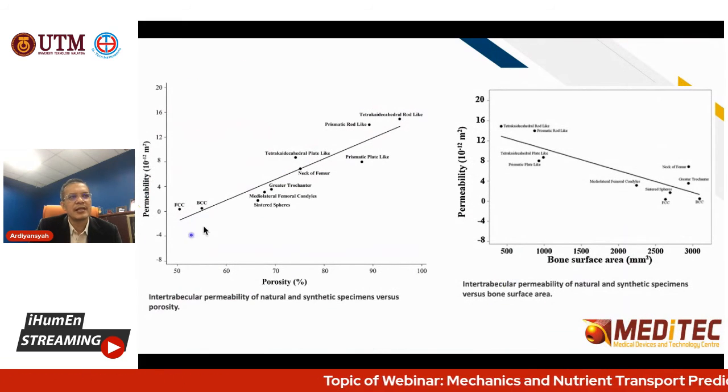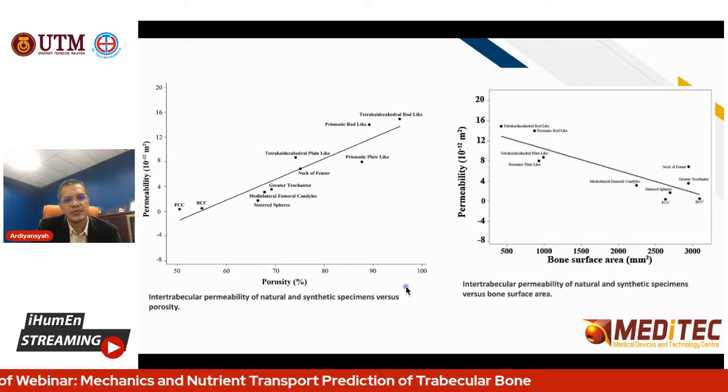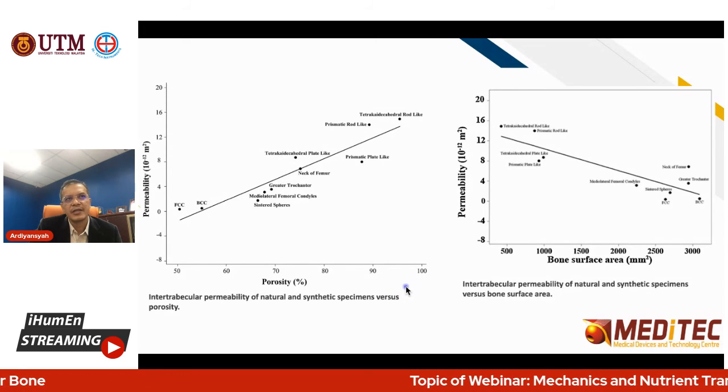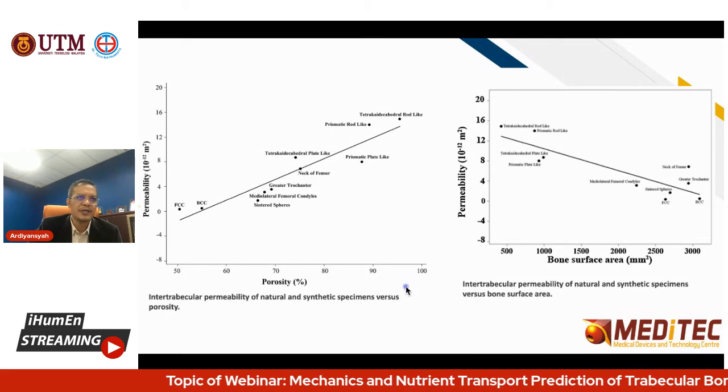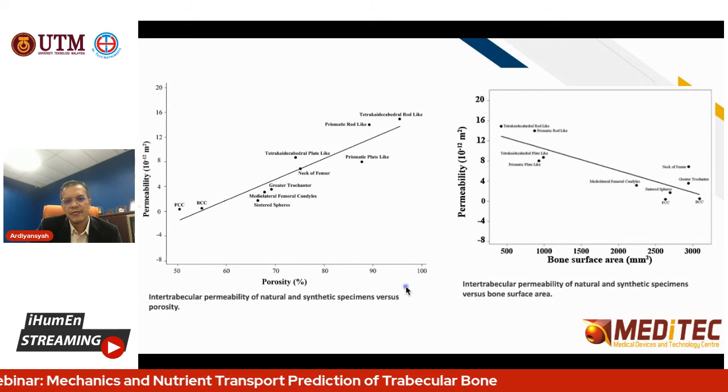This one is the relationship between permeability and porosity. We can check the relationship in terms of permeability and porosity, and also the importance of the bone surface area with the permeability. With micro-CT we can identify the bone surface area.